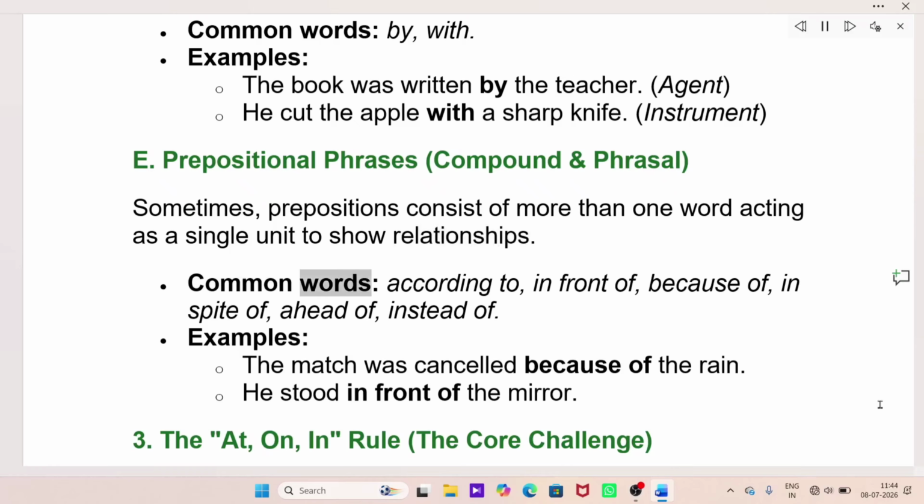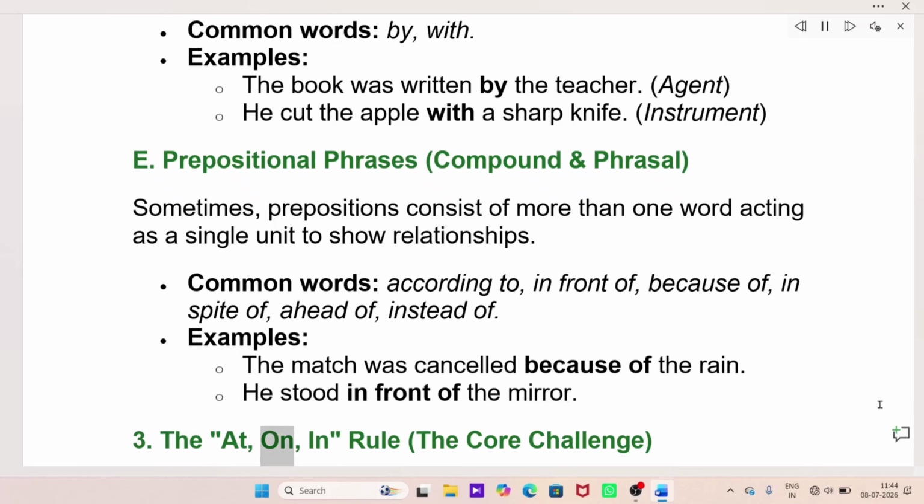Common words: according to, in front of, because of, in spite of, ahead of, instead of. Examples: The match was cancelled because of the rain. He stood in front of the mirror.